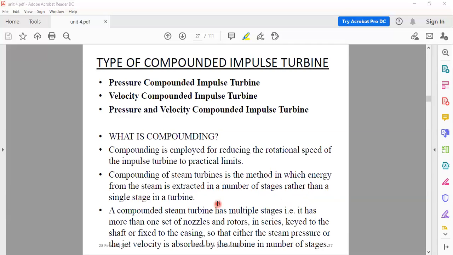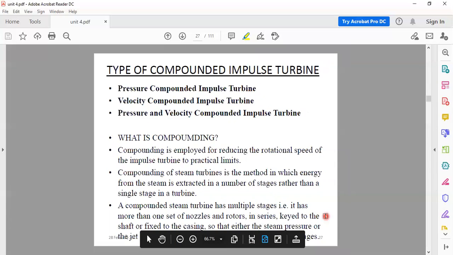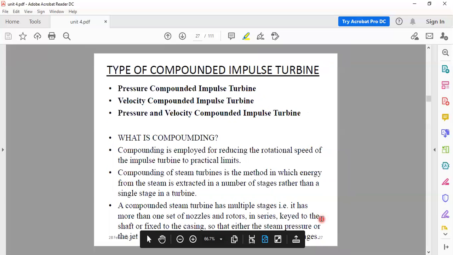It has more than one set of nozzle and rotor in series, keyed to the shaft or fixed to the casing, so that either the steam pressure or the jet velocity is absorbed by the turbine in a number of stages.